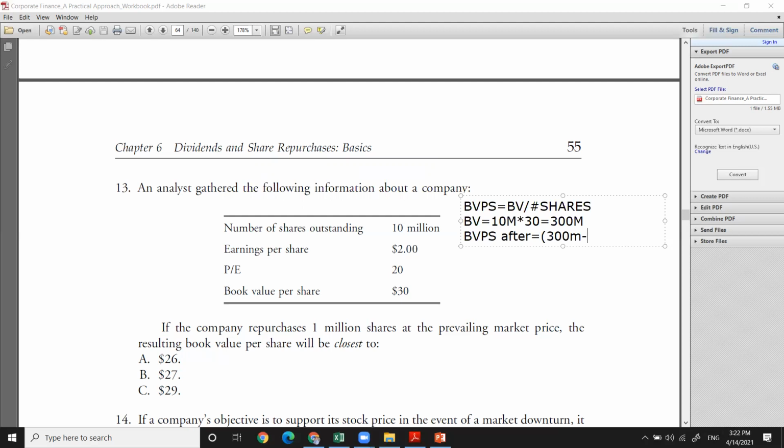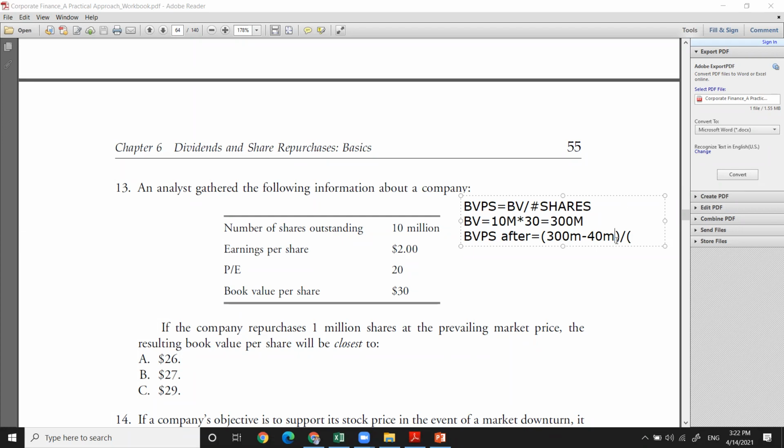What is the market price? How can we know it? EPS is 2 times P over E, which is 20, so the price is 40. So 40 times 1 million, which is 40 million, minus 40 million.